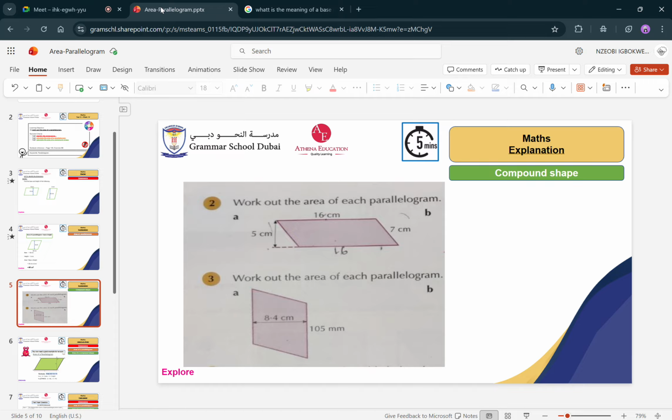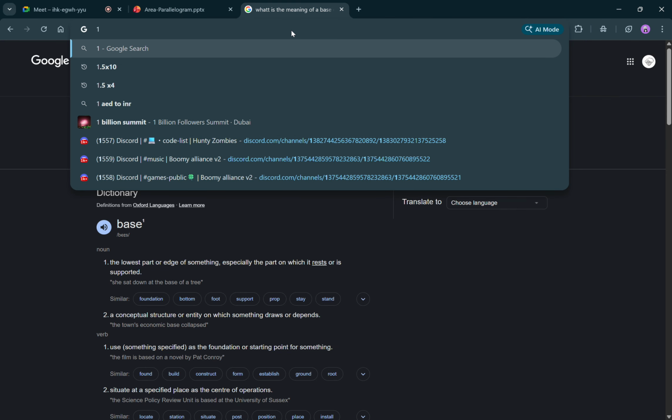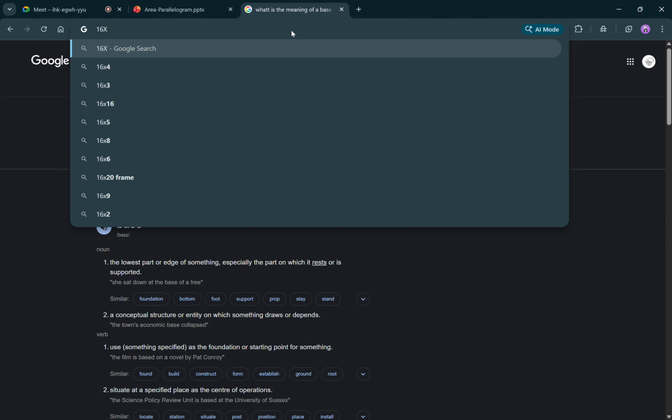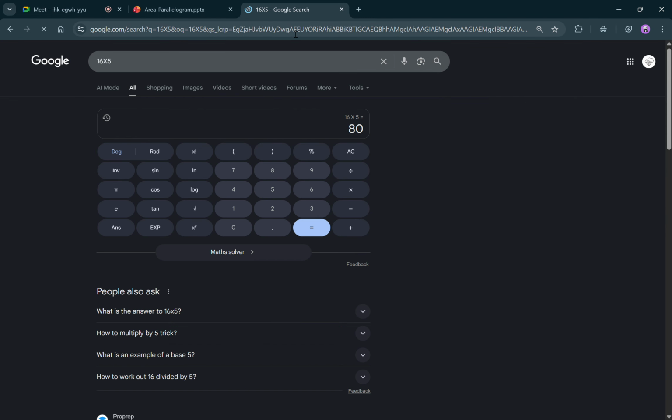For the height, 5 centimeters. Now that it is like this, we multiply them both. 16 times 5 is 80.